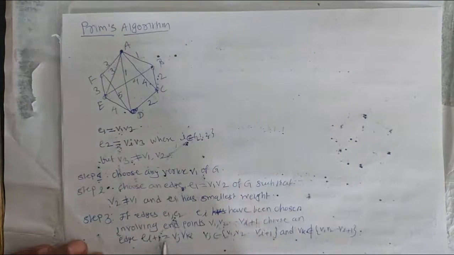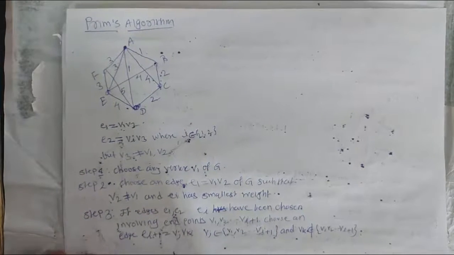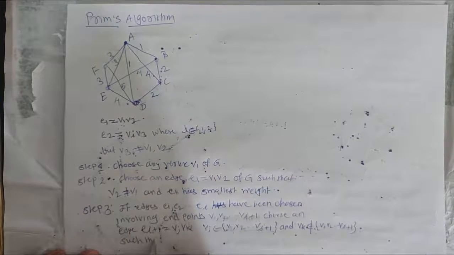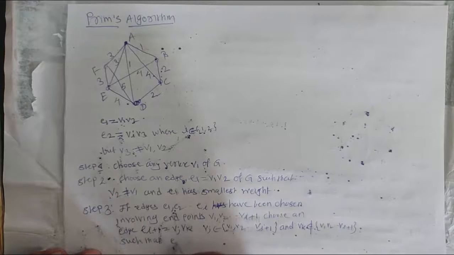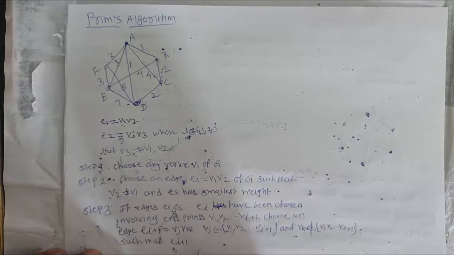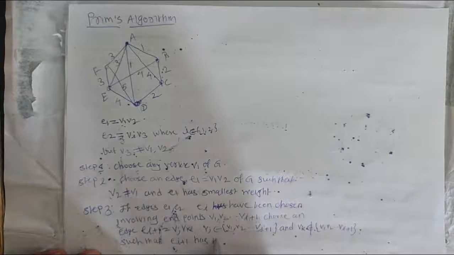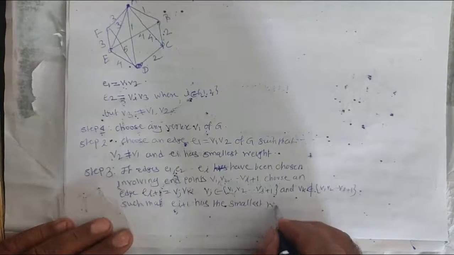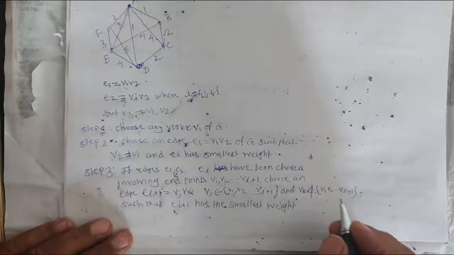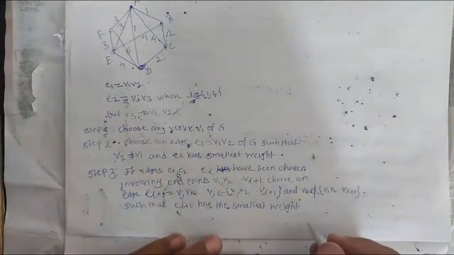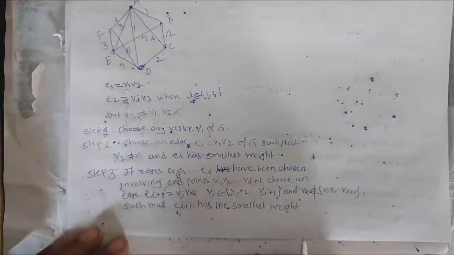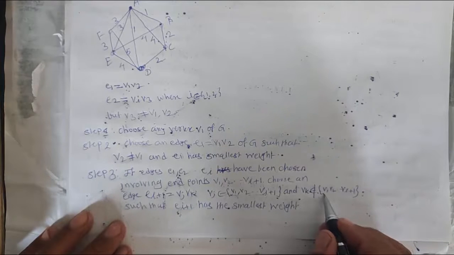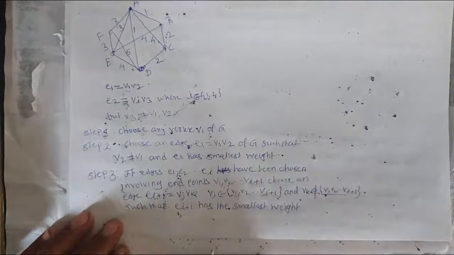That means one end of this edge is in this set and the other end is outside this set, such that E(i+1) has the smallest weight among the edges of G which have one end in this set.